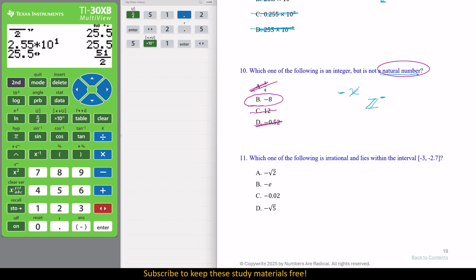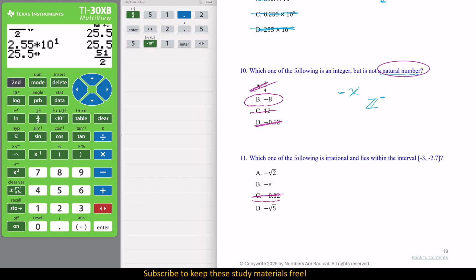Let's look at number 11. Which one of the following is irrational and lies within the interval of -3 to -2.7? Oh, and this looks very interesting. Everything's negative. They're trying to fool us. Let's look here. I can already see one that we can eliminate.